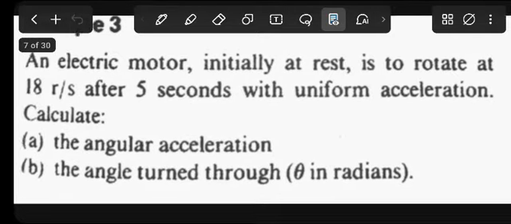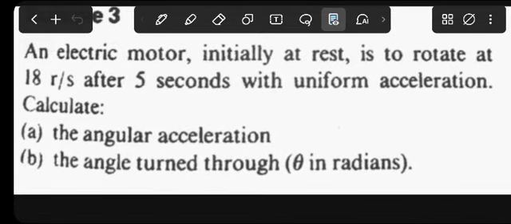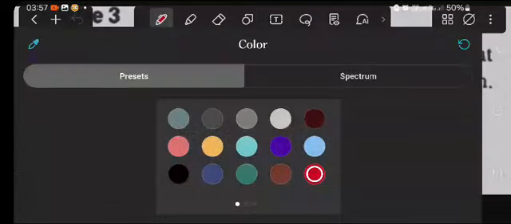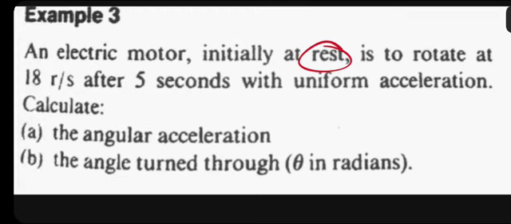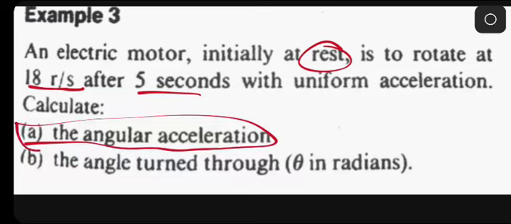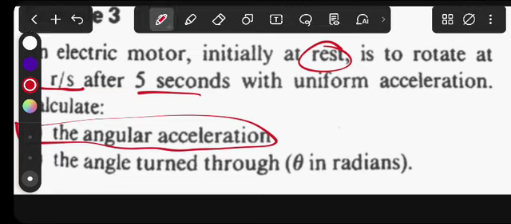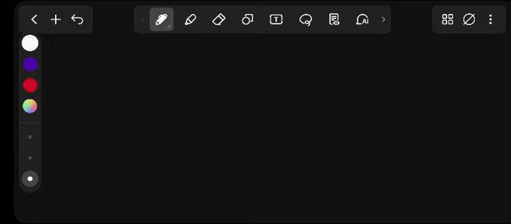All right, number 3 says an electrical motor, initially, that means initially it's 0, rotates, reaching 18 revs per second after 5 seconds with uniform acceleration. Find the angular acceleration. So we have the average speed there, guys. We have two velocities, initial and final, so we'll have the average. Since we want the angular acceleration, we have the motion formulas that we know.